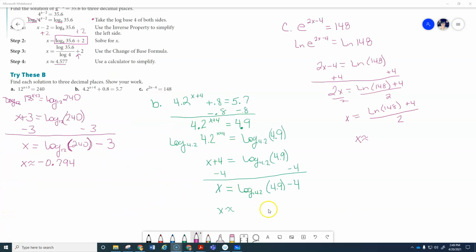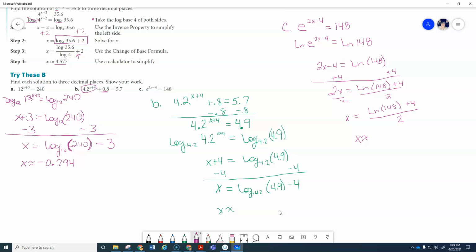Alright, so let's check your work. Yours doesn't have to be worked exactly like mine, but pretty close. There's not a lot of room for differences. I do want to point out that this was a sneaky trick on problem B right here. Anytime they give you an exponential, the exponential should be isolated on one side of the equal sign, so this part right here is not part of that exponential, so it needs to be moved first.